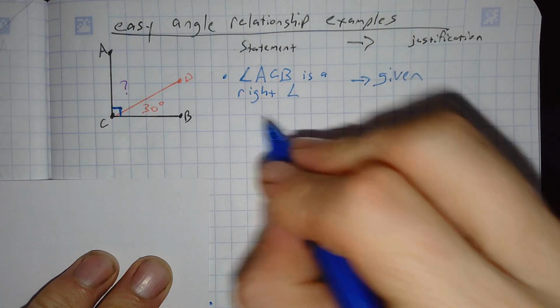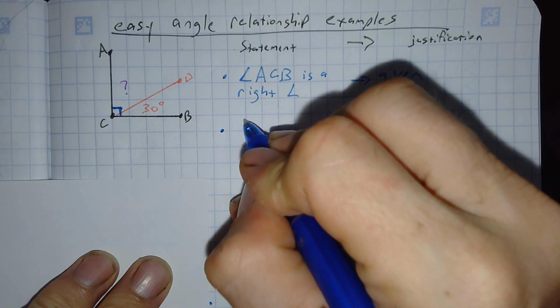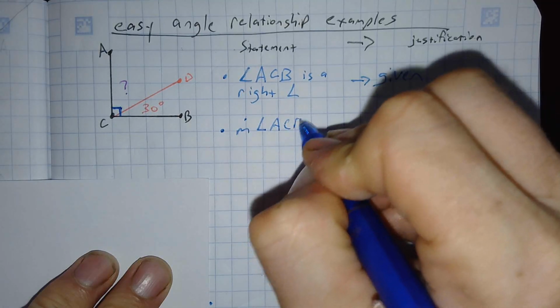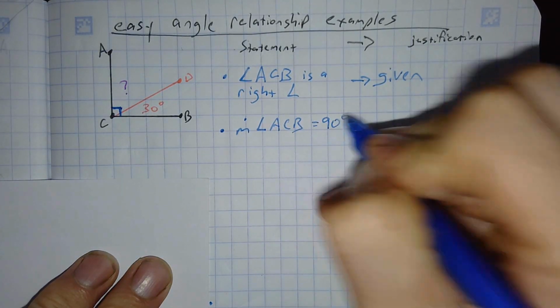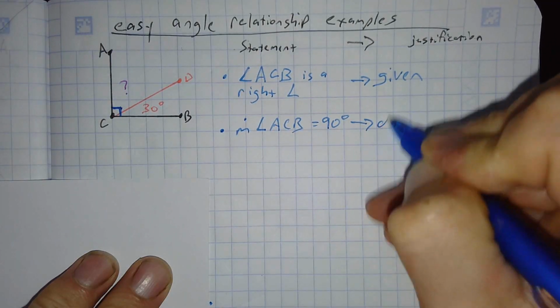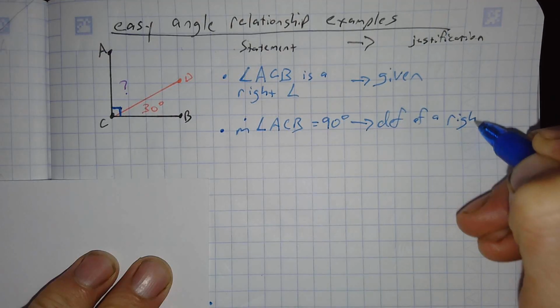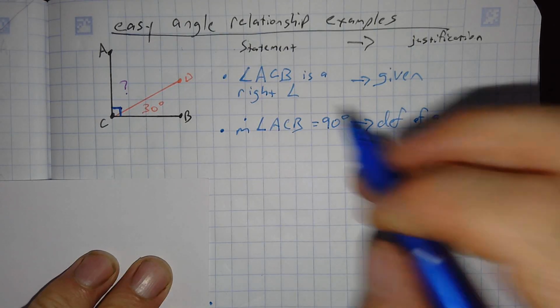Because it's a right angle, what do I know about the measure of angle ACB? I know that it equals 90 degrees, because that is the definition of a right angle. This is the sign for angle. It's like a slanted L, but it's supposed to be an angle.